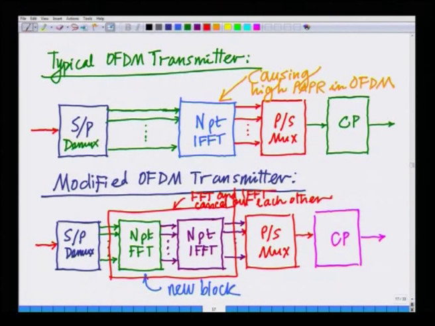So, the FFT and IFFT cancel out each other, which means whatever serial symbols you input are the same symbols coming at the output, except for the addition of the cyclic prefix. So, this looks like the same single carrier.